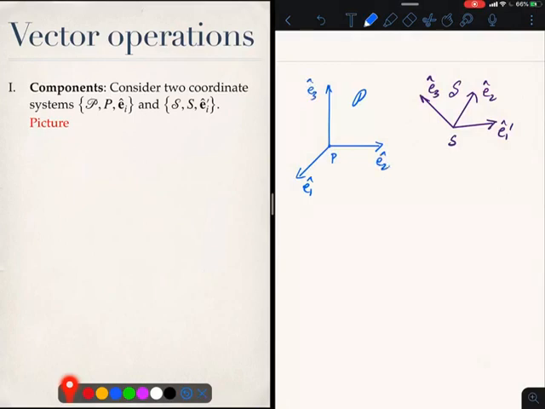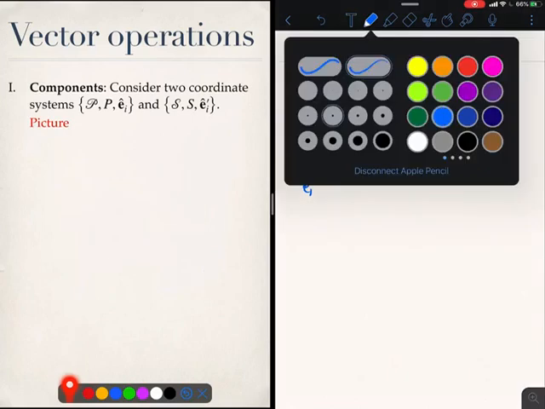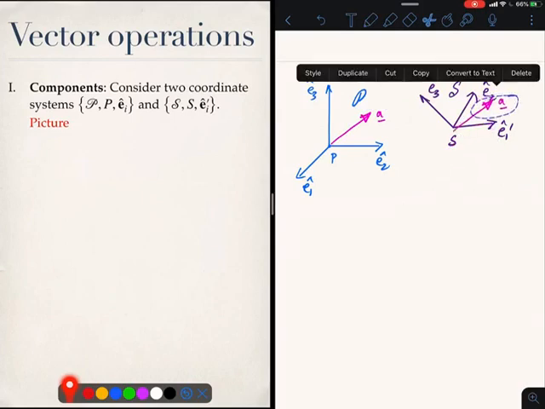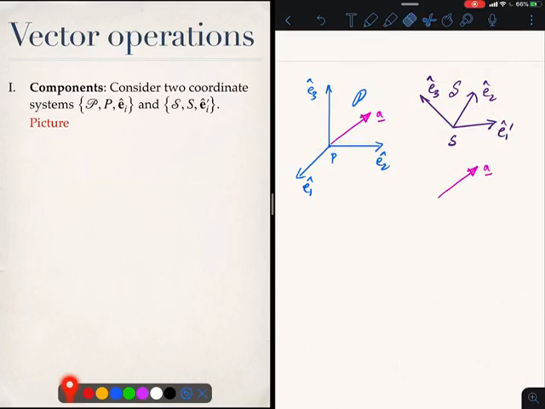Okay, and let's say I have a vector, and let's draw this vector. So here is this vector A, and I'm going to copy the same vector over onto this side. Same vector.